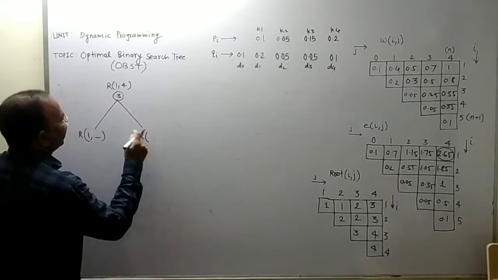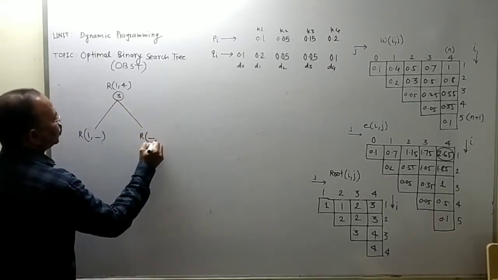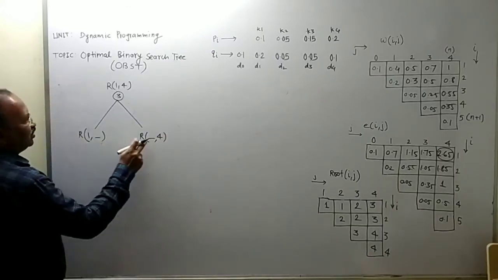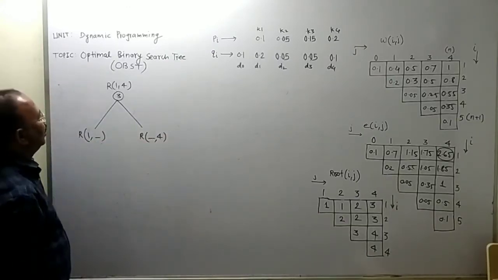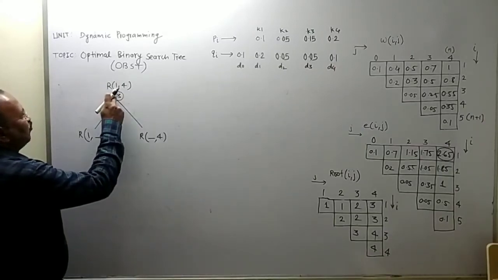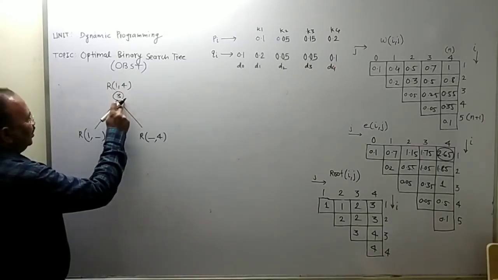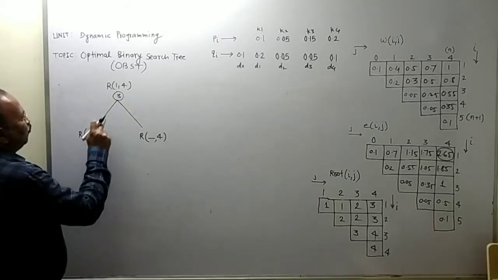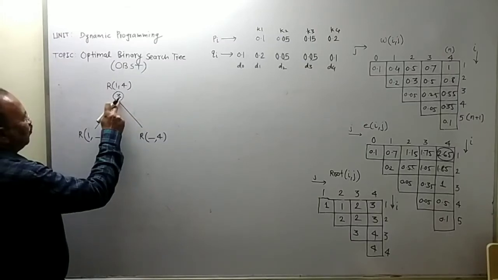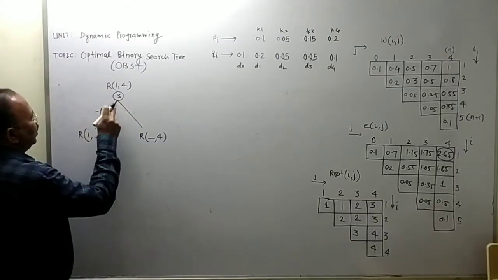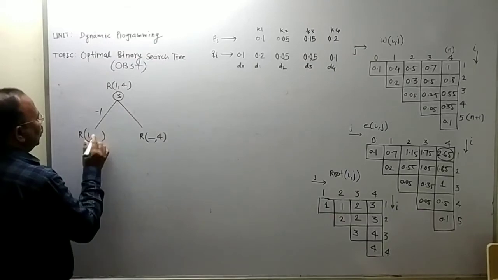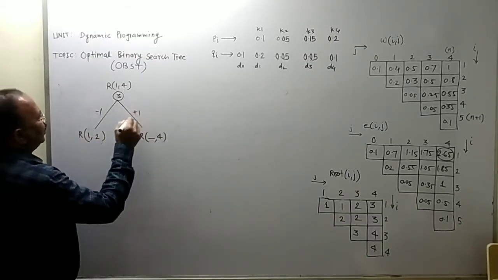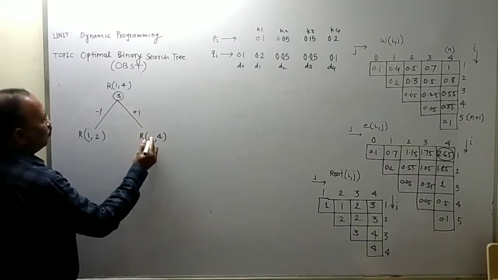Similarly, on the right side, write dash, comma, 4. We have to fill up the value for this dash. At the 1 4 position, the value is 3. To get the value at this position, we have to subtract 1, that is 3 minus 1, that is 2. So write 2 here. And for the right side, we have to add 1. 3 plus 1 is 4. 4 will come here.